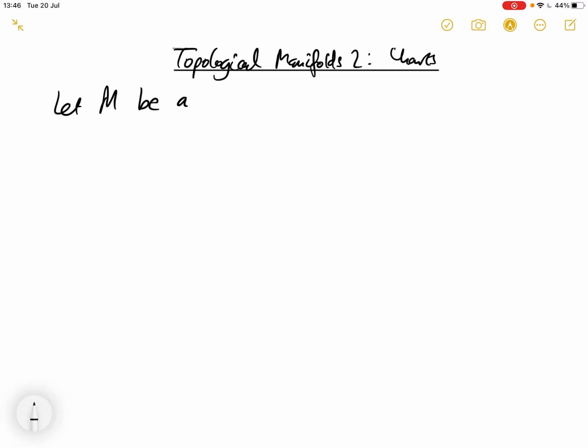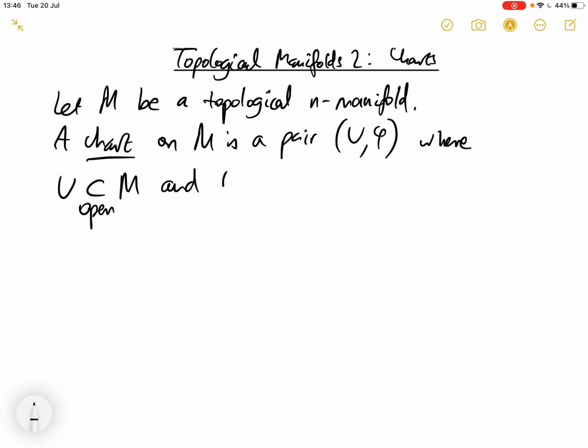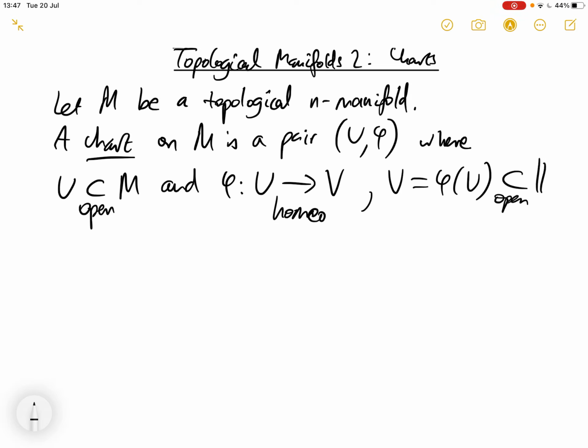So if we let M be a topological manifold, then a coordinate chart, or just a chart on M, is a pair (U, φ), where U is an open subset of M, and φ from U to V, where let's take V to be the image of U, is a homeomorphism, where V, the image of U, is open in Rⁿ.